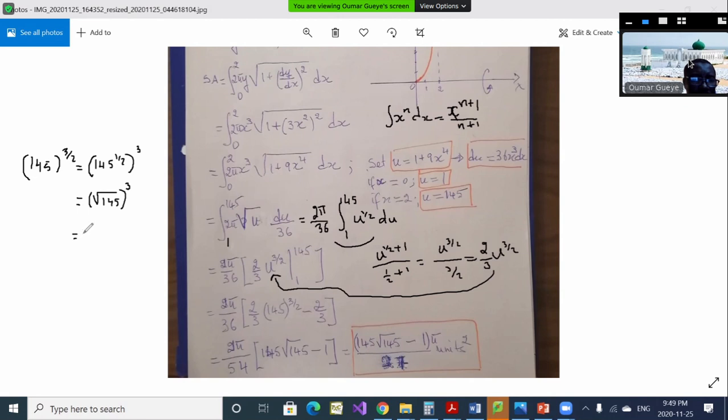And this is equal to root of 145 squared times root of 145. Okay, it's the square times the root, because of the power 3. And this is just equal to 145 root 145. So that's what we got here.